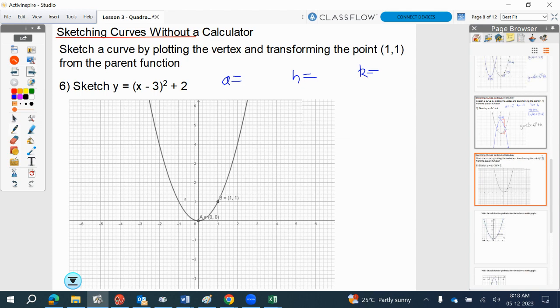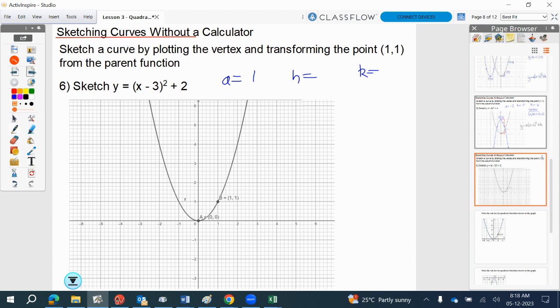Okay, what are the values of a, h, and k? Negative 3 for h. 1 for a. 3 for a.